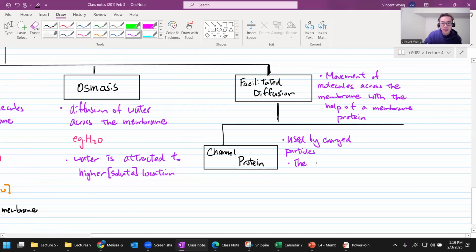The membrane protein creates a channel or a tunnel for the charged particle to pass through.